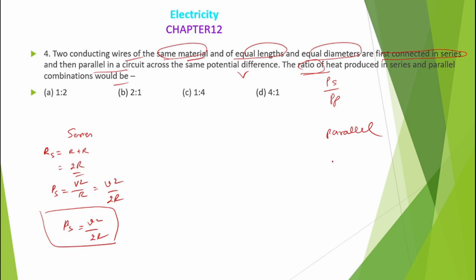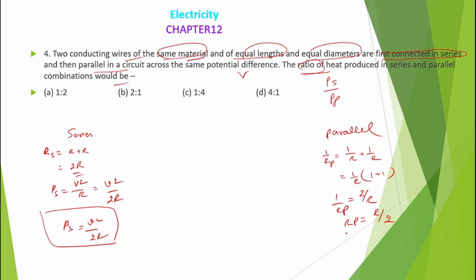Now parallel. Same, 1 divided by RP is equal to 1 divided by R plus 1 divided by R. Taking common factor, 1 plus 1 is equal to 2 by R. If you cross multiply this, you will get RP is equal to R by 2.